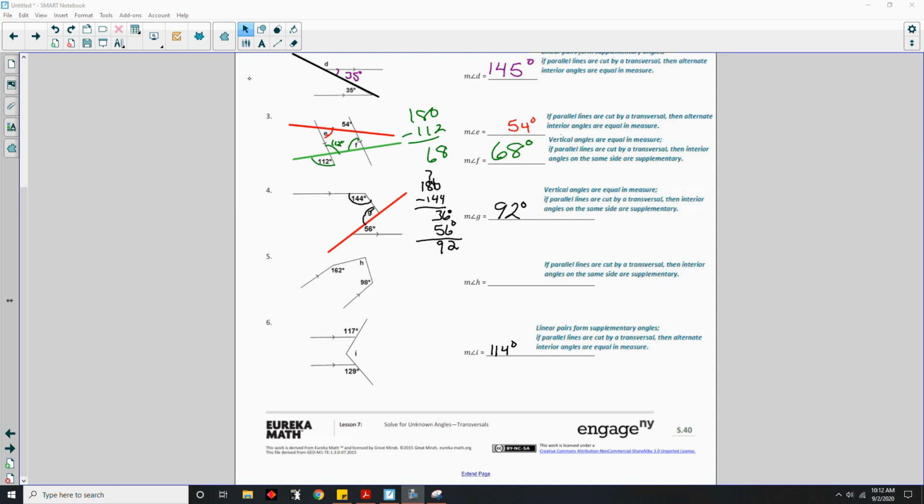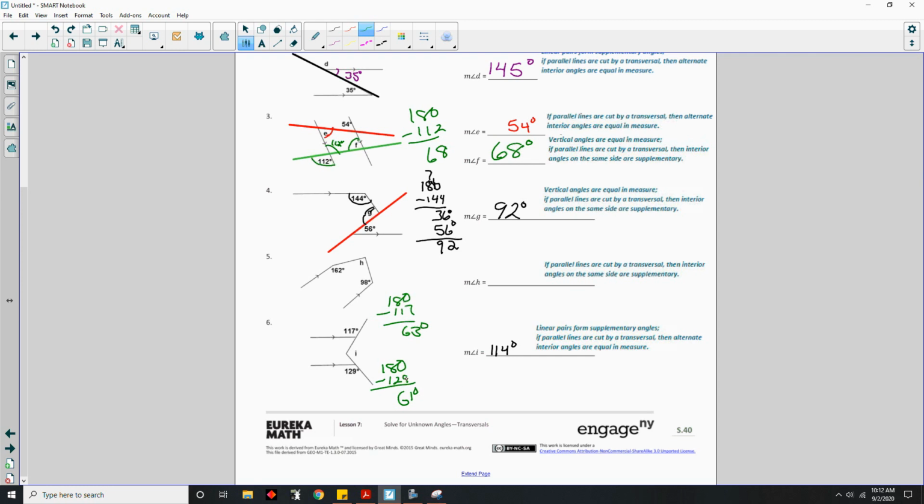I'm showing you a shortcut in this scenario. If you have this diagram and they're common, you take the supplements of both. So 180 minus 117 gave us 63 degrees. Take 180 minus 129, and that gave us 61 degrees.